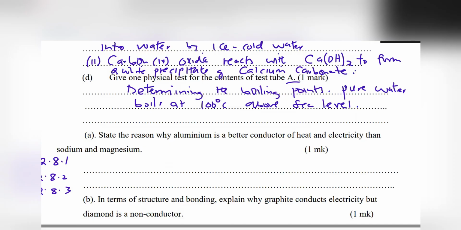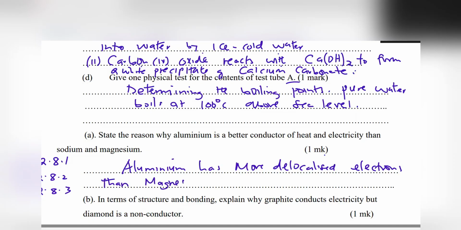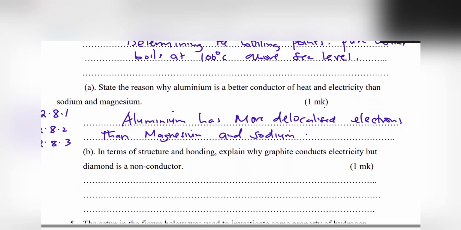The one that has more delocalized electrons becomes a better conductor, and therefore we say aluminium has more delocalized electrons than magnesium and sodium. Hence, a better conductor.